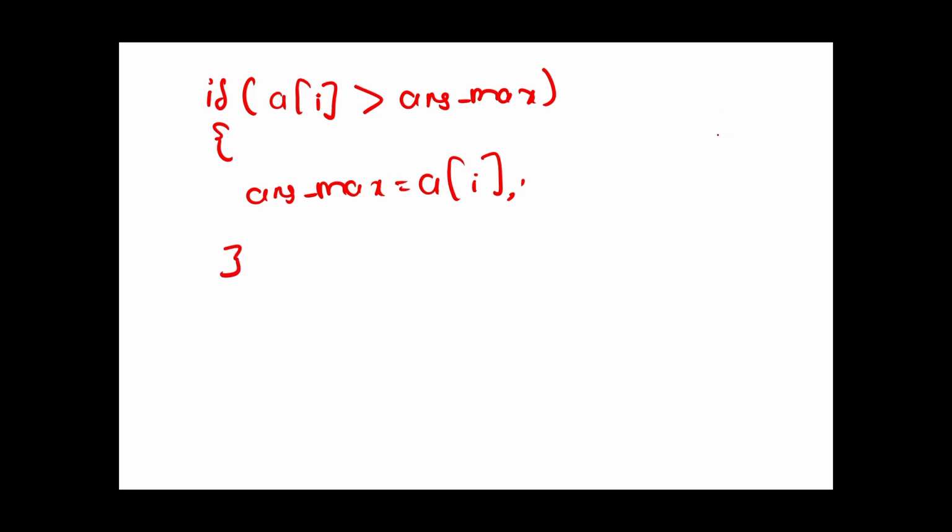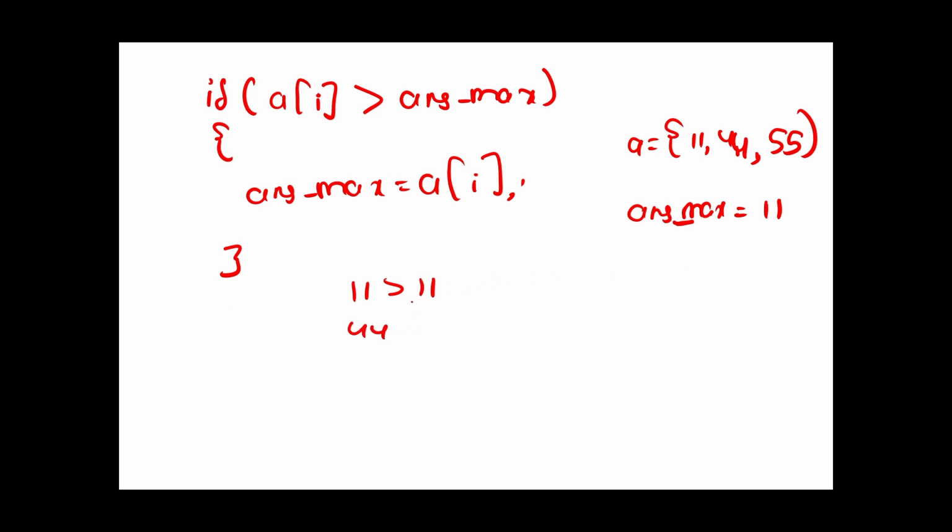As a small example we can take the array 11, 44, and 55. Initially, I have taken the value of answer max as 11. Then I compare: 11 is greater than 11? No, so answer max is not updated.